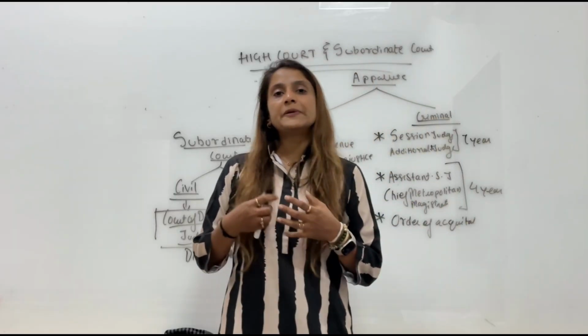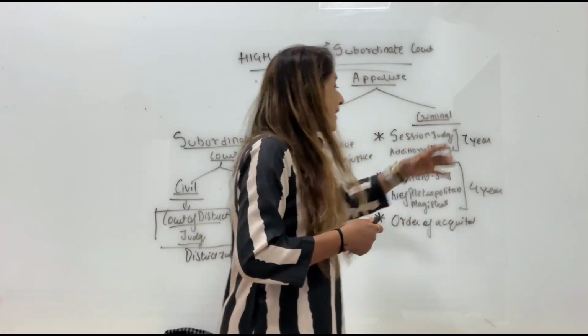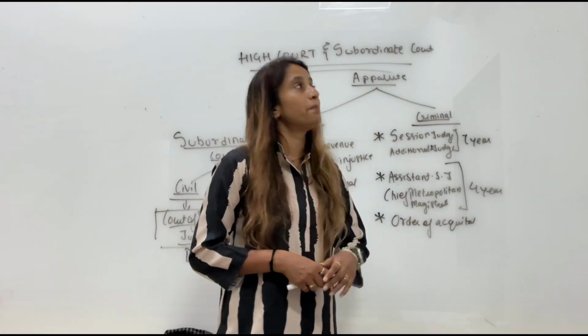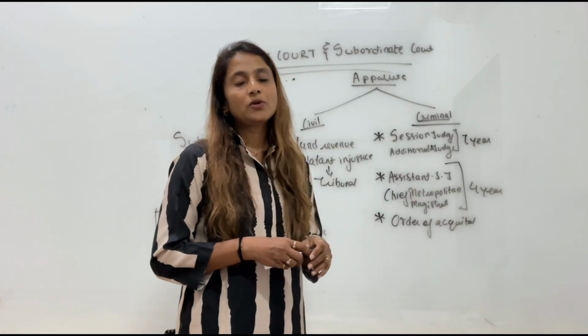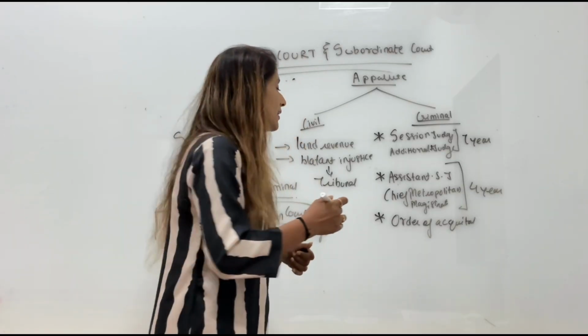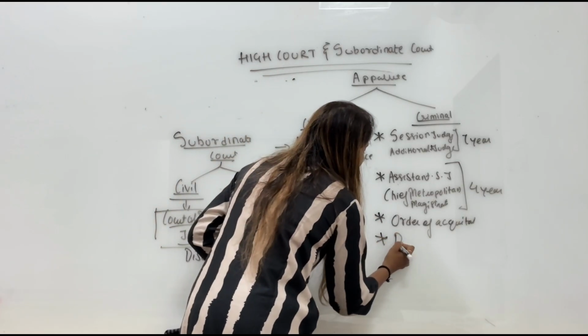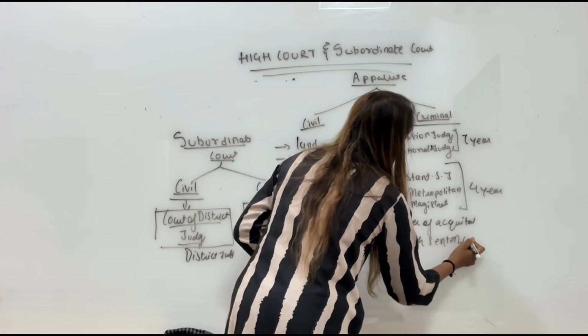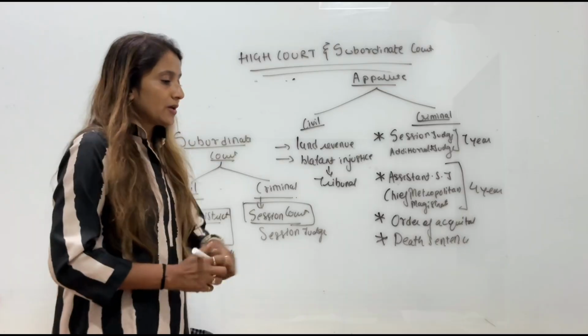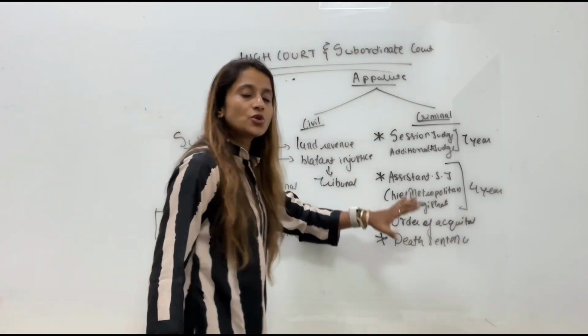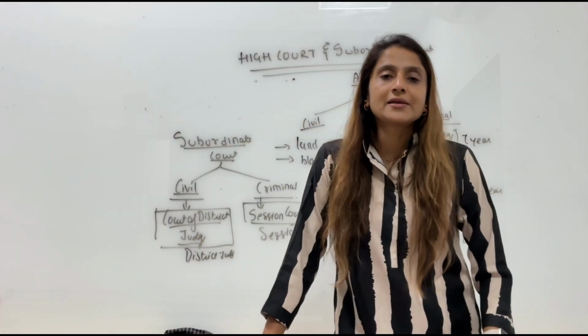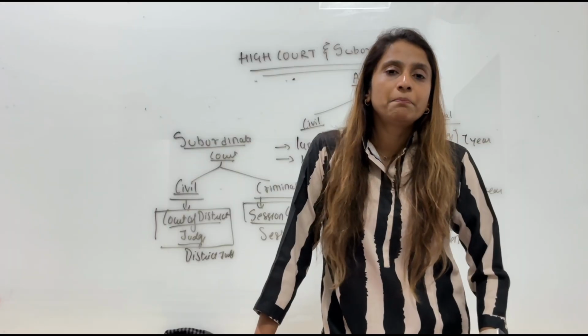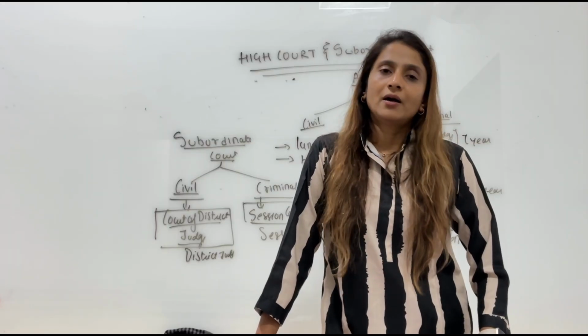So if anyone has been declared non-guilty by a session judge, you can always appeal in the High Court. And last, death sentence. Death sentence has to be confirmed by the High Court. So these are the 4 situations under criminal cases when you can appeal in the High Court.